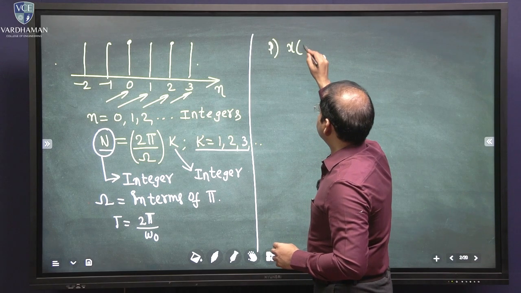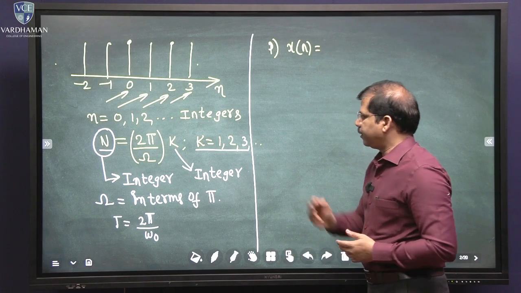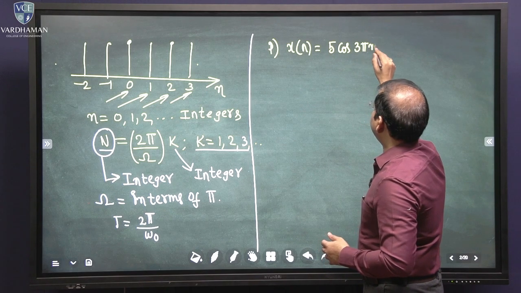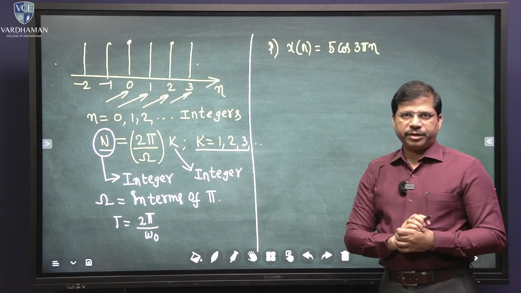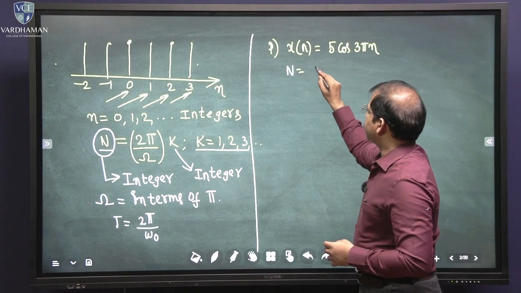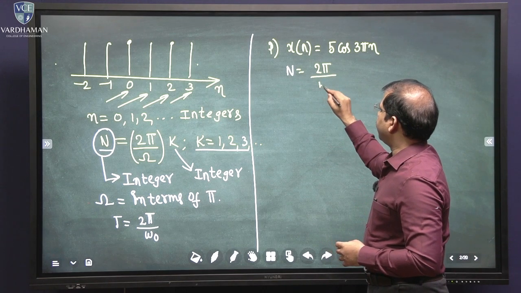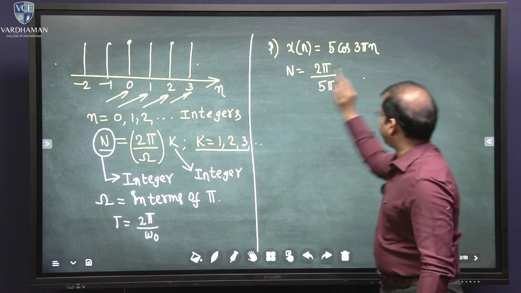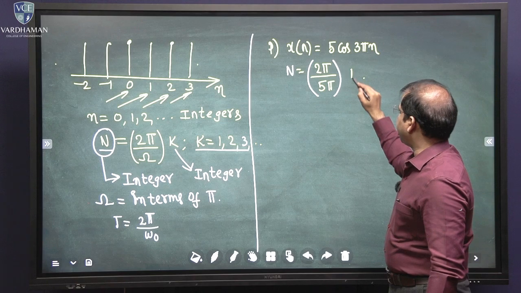I would consider x of n equals something like 5 cos 3 pi n. Now, what is the time period of this signal? N equals 2 pi by 5 pi, because omega is nothing but 5 pi, into k.